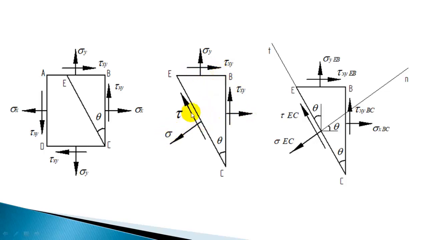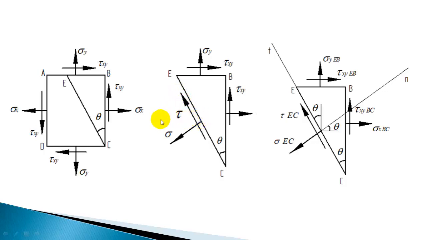Now this element will be in equilibrium as a result of the forces transmitted from here. This part will exert a force, and that force I have shown separately: normal force per unit area and shear force per unit area. Normal stress means normal force per unit area, and shear stress means shearing force per unit area.